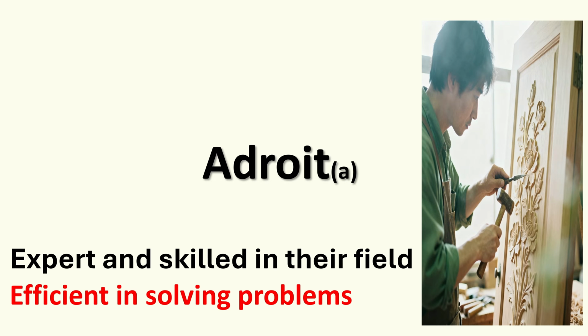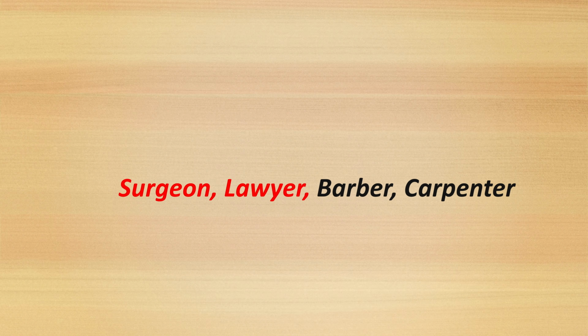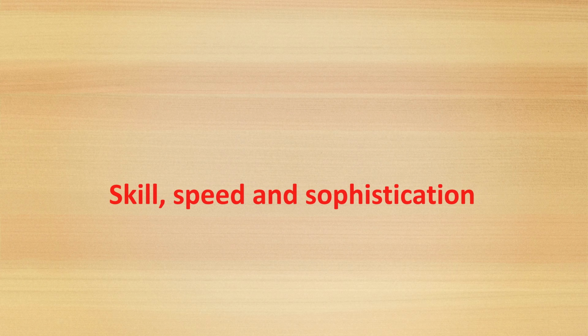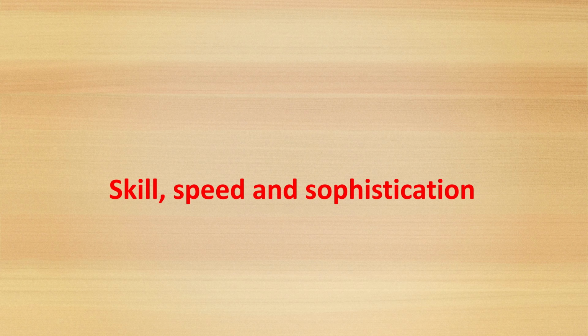We can use adroit for people who work with their mind or for people who work with their hands. So we can use it for a surgeon or for a lawyer, a carpenter or a barber, etc. The key quality of adroit people is that they work with speed, skill, and sophistication. Whatever they do, there is elegance in that.